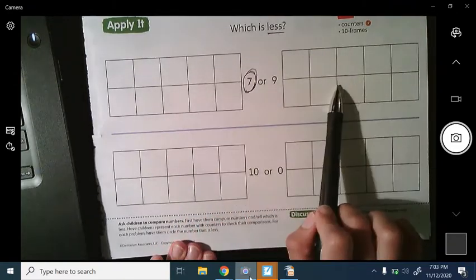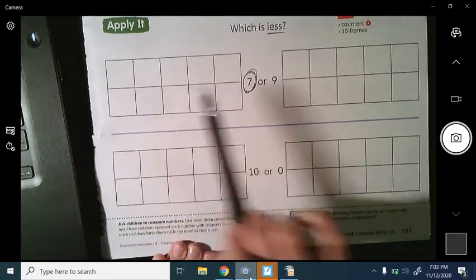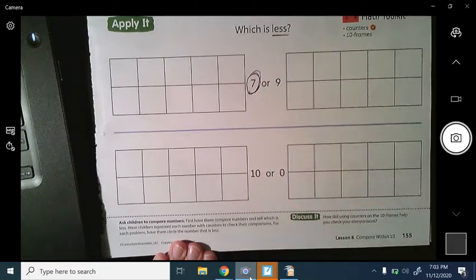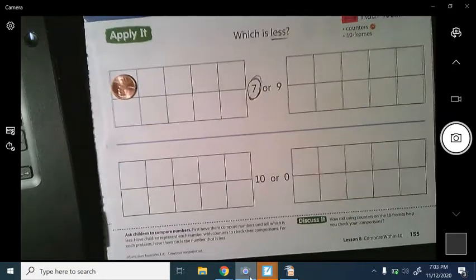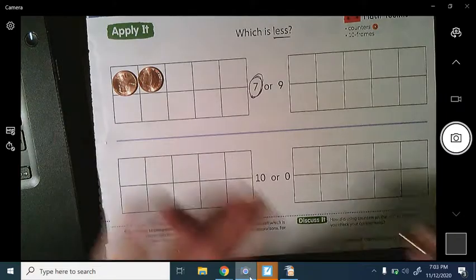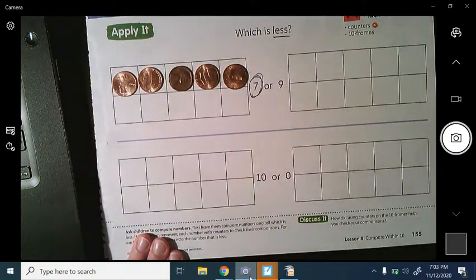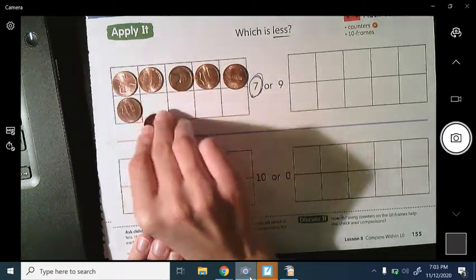Now, what we're going to do is I'm going to put 7 counters over here, and I'm going to put 9 counters over here. And I'm going to check and see if 7 has less. So 5, 6, 7.